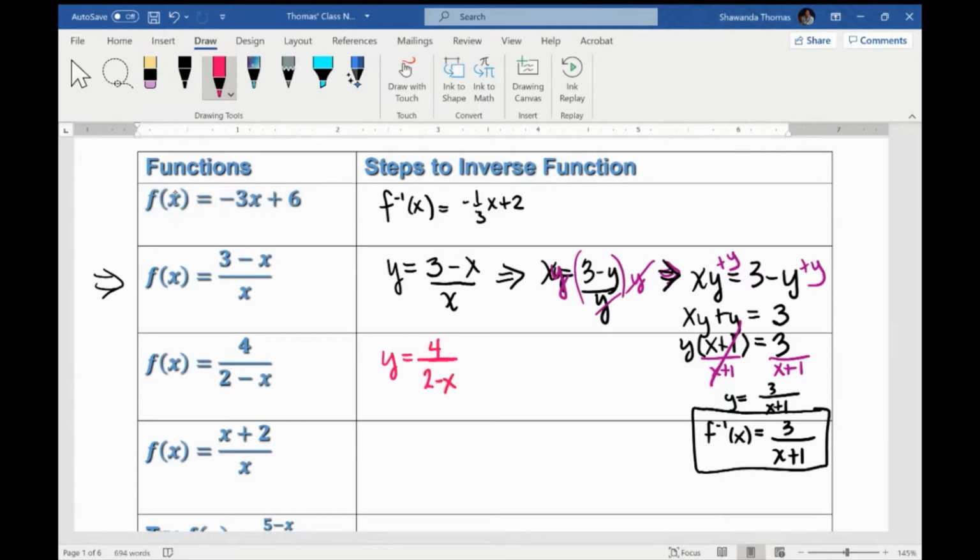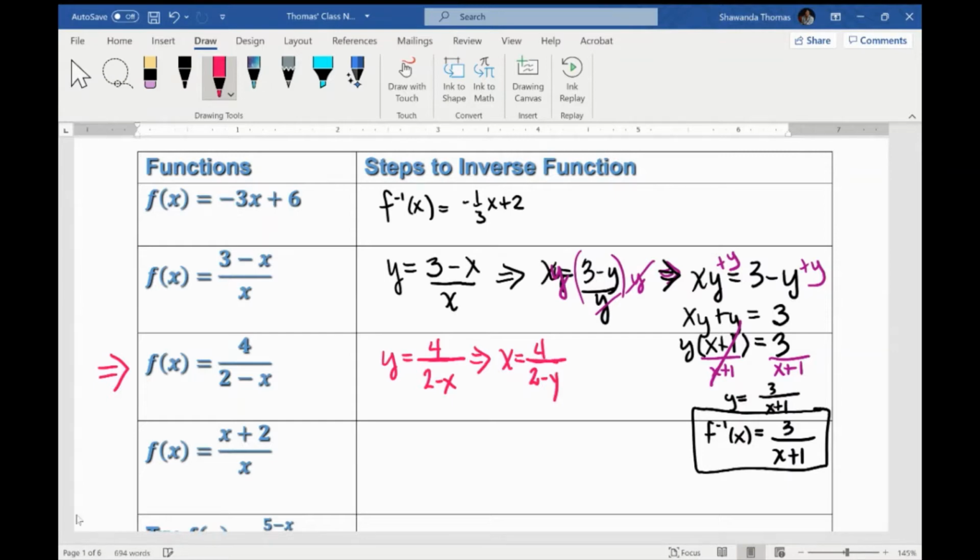What's the next step? Interchange x and y. Yes, interchange x and y. Put that over here. So that'll be x equals 4 over 2 minus y.